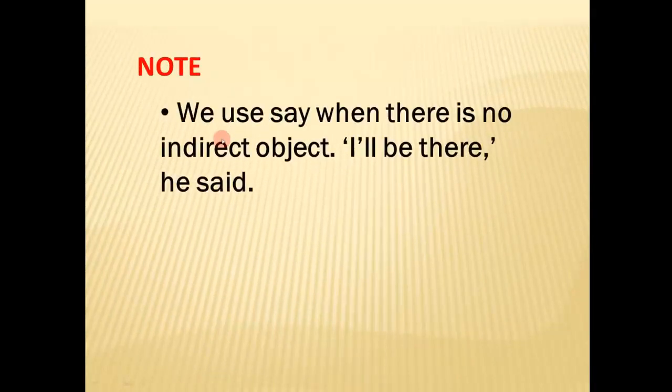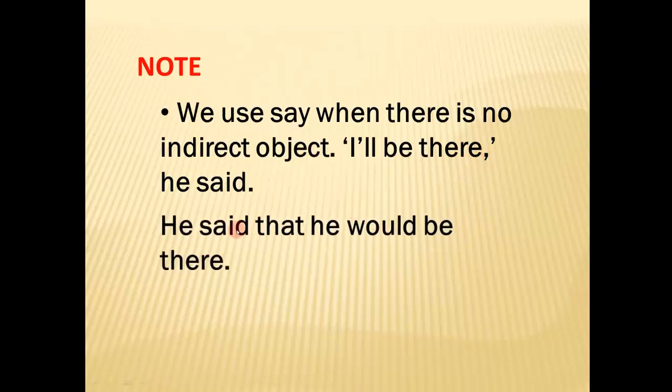Note: we use say when there is no indirect object. "I will be there," he said. He said that he would be there. Instead of I, he. Will becomes would.